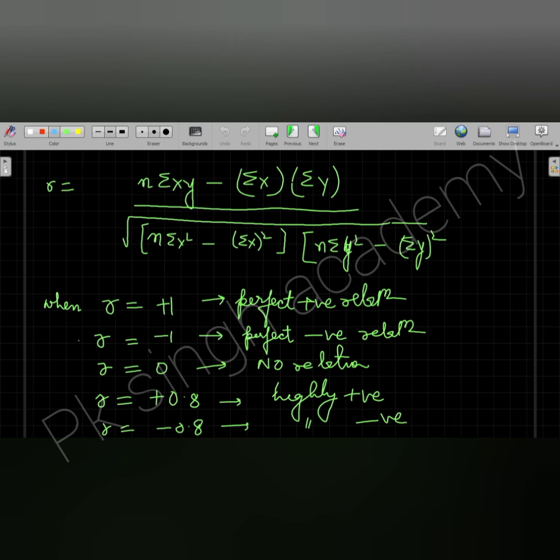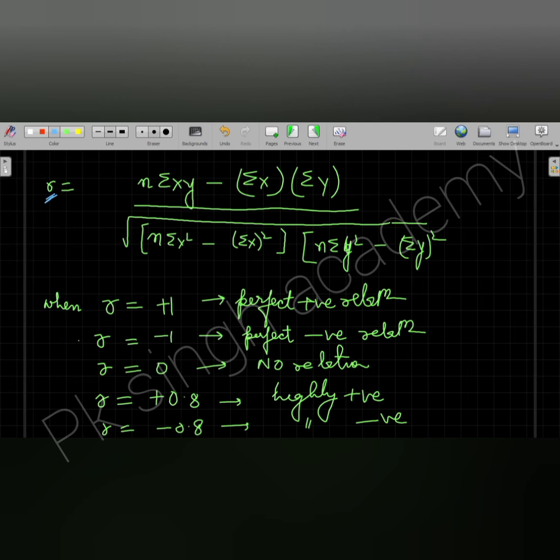Karl Pearson is denoted by r. The formula is r equals n summation of xy minus summation x times summation y, divided by the square root of n summation x square minus bracket summation of x whole square, multiplied by n summation y square minus summation of y whole square. Clear? So this is the formula of the Karl Pearson correlation coefficient.